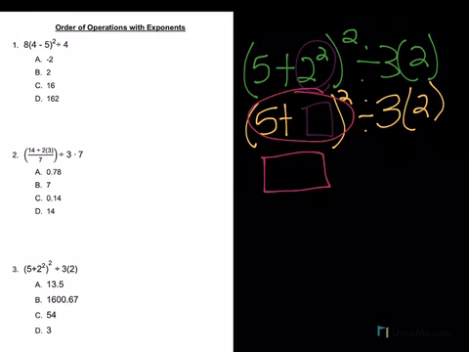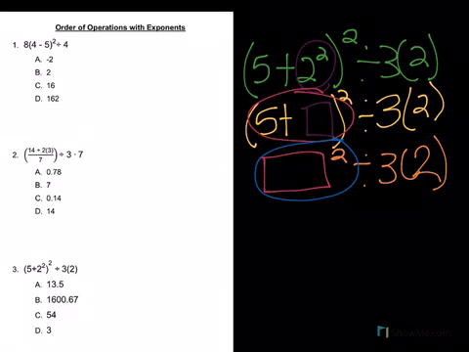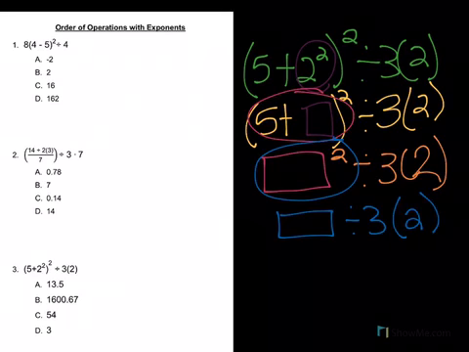Then it's going to be that answer squared divided by 3 times 2. Then you're going to do the answer squared. That answer divided by 3 times 2.